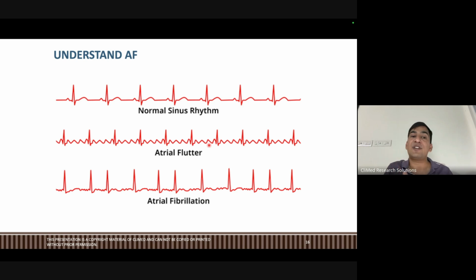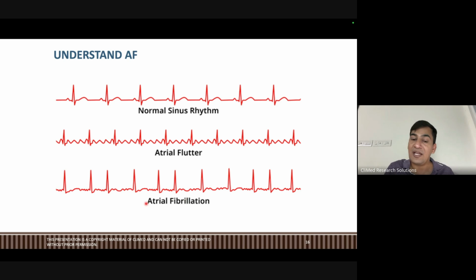There's a difference between atrial flutter and atrial fibrillation. Fibrillation is completely irregularly irregular. In flutter, it is regularly regular, or rather, the RR intervals and the type of waves are similar. It is regular here, while here it is completely irregular, right?